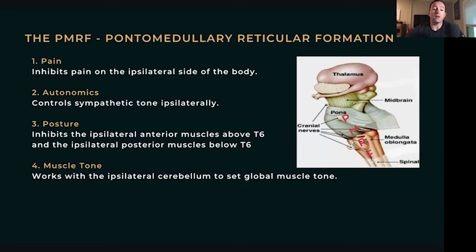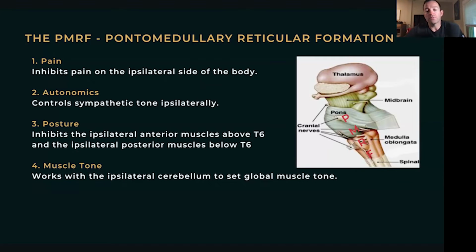Number 2 here is autonomics. Your PMRF controls sympathetic tone ipsilaterally, and that's why we talked about taking blood pressure on both sides of the body as a way to collect some data that might suggest you have PMRF dysfunction. If it's a 10-point or greater difference, then that might be information that you can use to understand which side of the PMRF is dysfunctional, the right or the left.